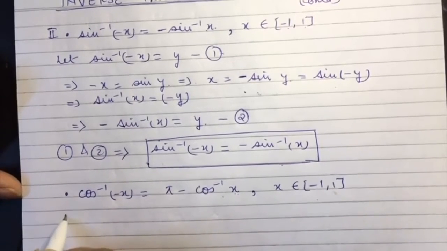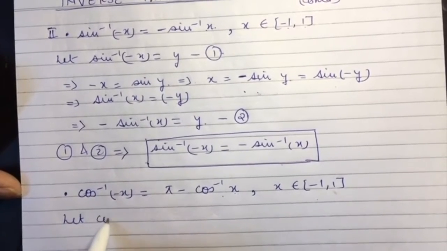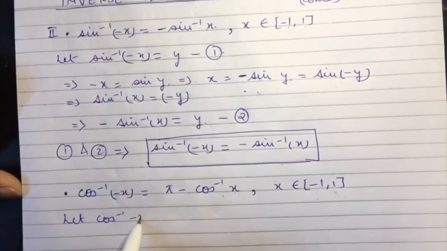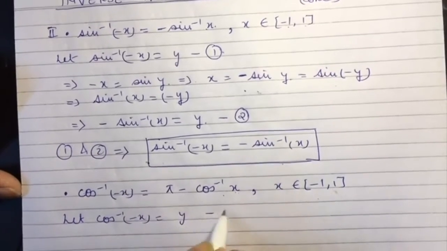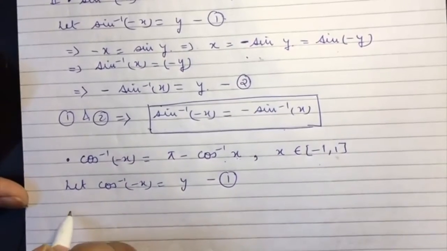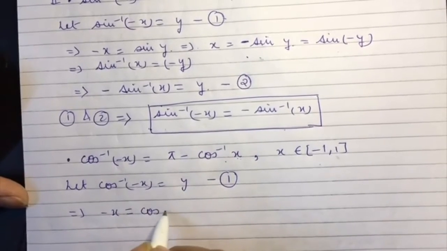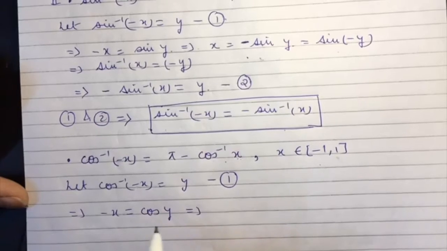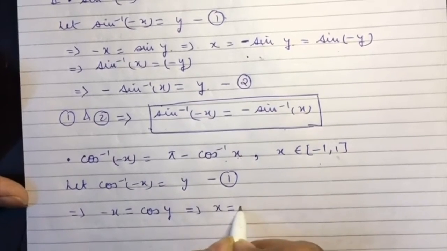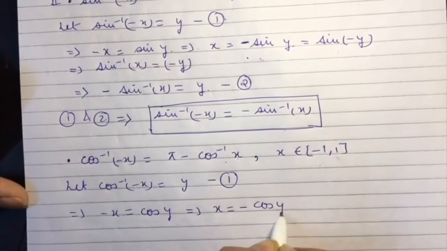Now let's start. Let cos inverse of minus x equal to y, call it equation number 1. This gives us minus x equal to cos of y, which gives us x is equal to minus cos y.